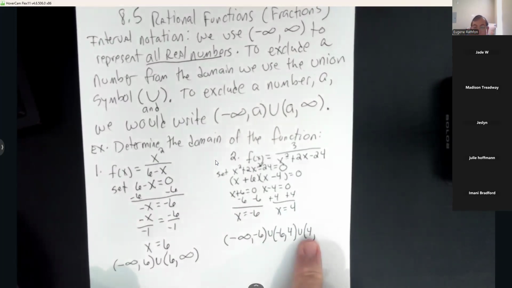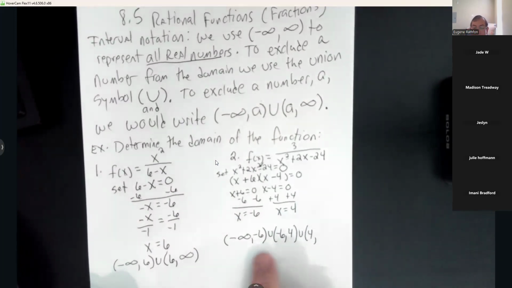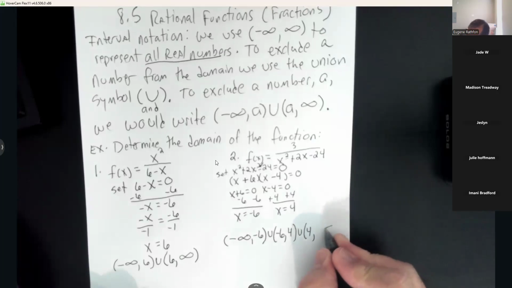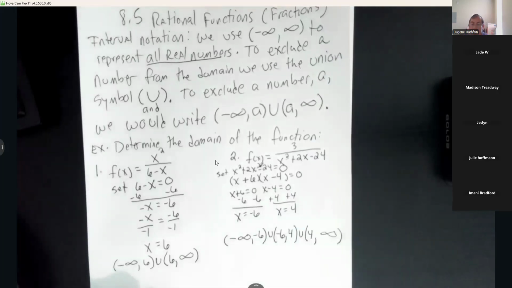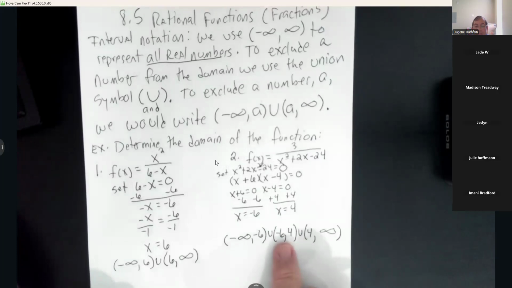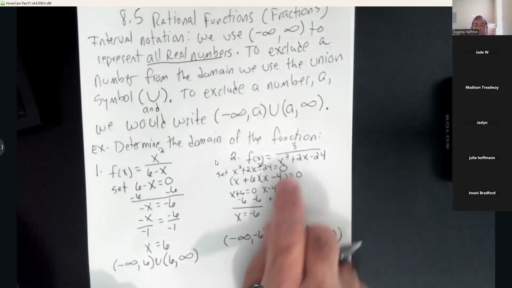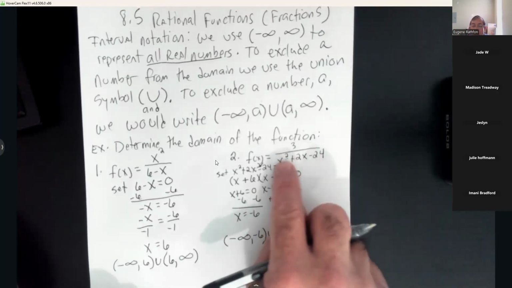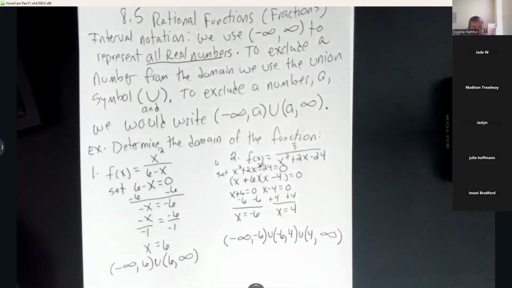And then since 4 is the only other number I'm kicking out, my domain heads off towards +infinity. So this tells me that -6 and 4 make that undefined, okay? All right, y'all. So that's what you got to know about interval notation. And that's just another way to write domains, okay?